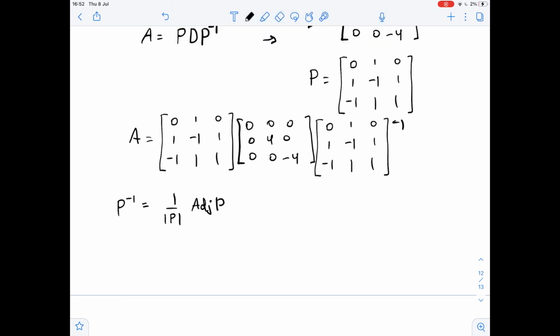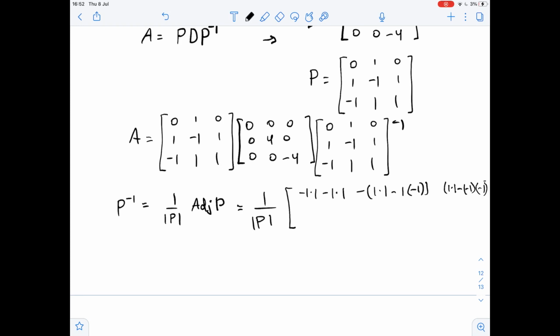So this equals 1 over determinant of P, and the adjoint of matrix P is: here we have -1 times 1 minus 1 times 1, here we have -1 times 1 minus 1 times -1, and here we have 1 times 1 minus -1 times -1.